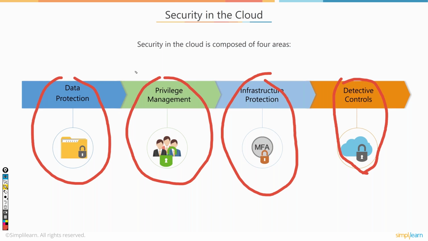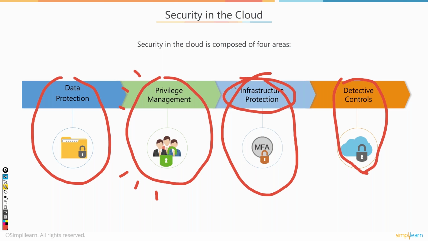The second thing we have is privilege management. It's entirely up to you whom you're going to grant access to. You can have multiple users in your environment, which we're going to discuss a little later, and it's entirely up to you what kind of privileges you give them. If you give them too many privileges, like making someone a full admin just because it's easy, and then they for some reason delete some servers because they have the right to do so, well, it's your fault, not AWS's.